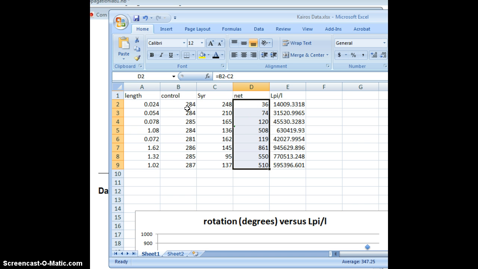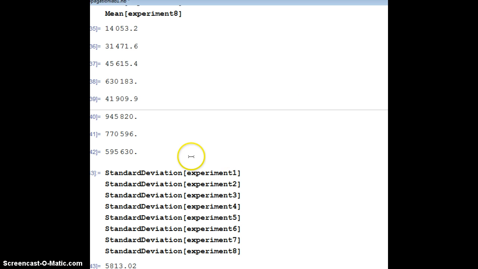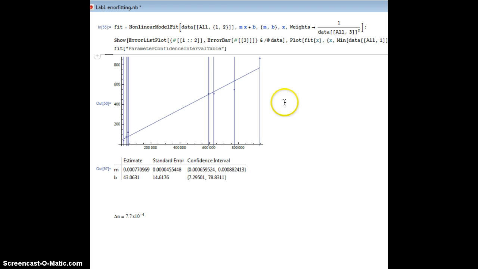And then I want to go back here and show. We're plotting length times pi divided by lambda versus the angle, the change in polarization from horizontal, and then you can see that.